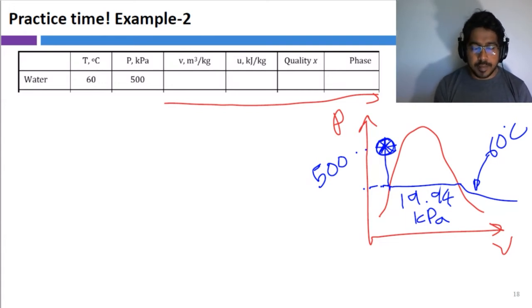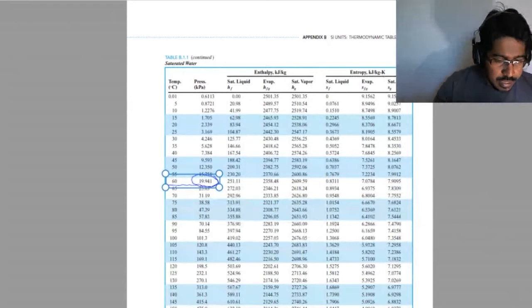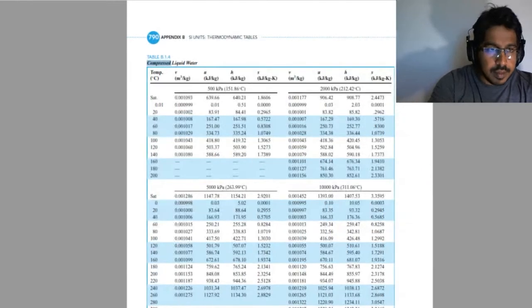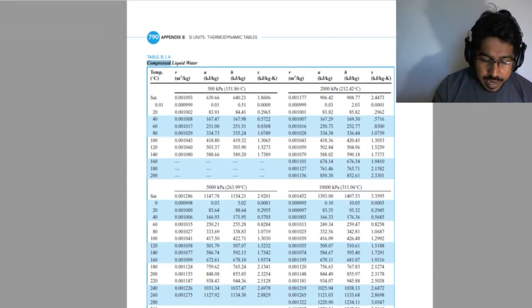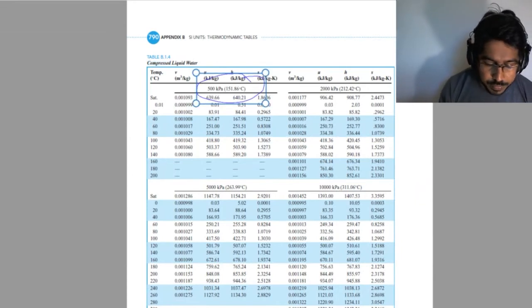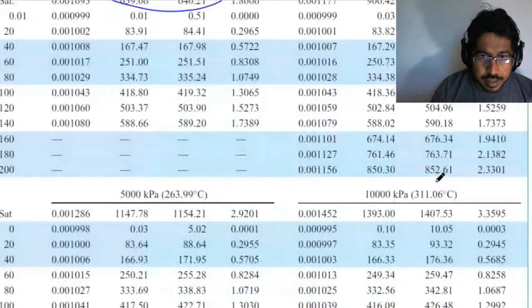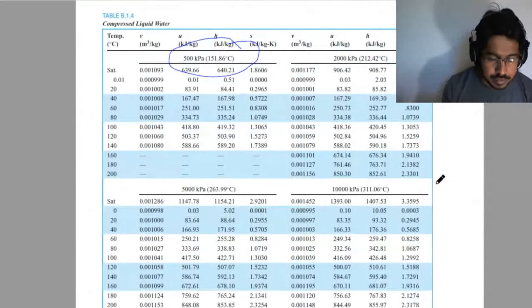So now, as I know it is in the compressed liquid region, I will go back into my property tables and search compressed liquid water. In this table, I have 500 kilopascals, right? Therefore I can pick the properties right away.